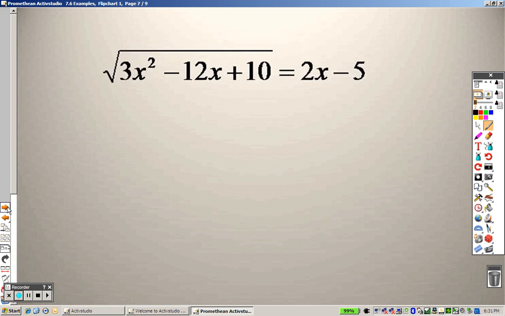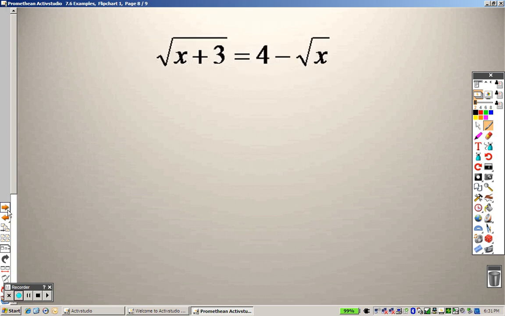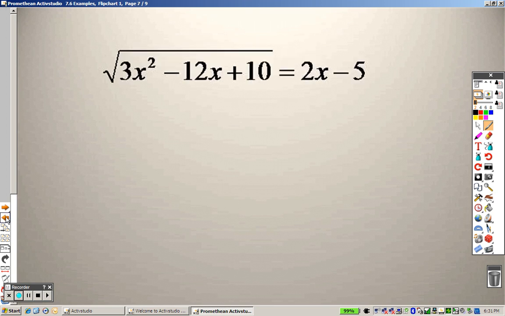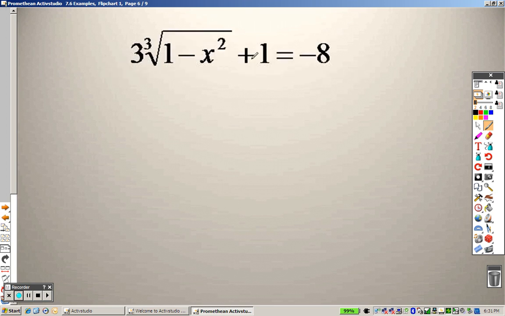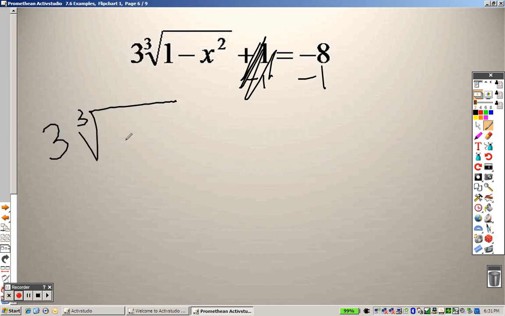I think we only have three more, but those are a little more challenging. Let me try this one more before we clip on to another clip. Plus 1 and minus 1 cancels out because I want to get rid of those. So I have 3 times the third root of 1 minus x squared equals negative 8 minus 1, which is negative 9.